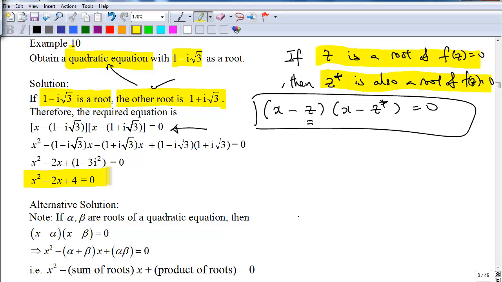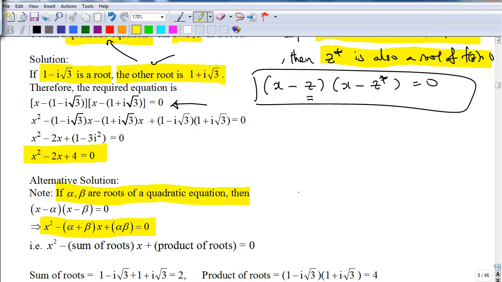Now there's an alternative method that you may have learned in A-Maths last time. So the alternative method is to use this relation. If alpha, beta are roots of a quadratic equation, then you know that the equation can be formed using this rule: x squared minus the sum of roots x plus the product of roots equals 0.